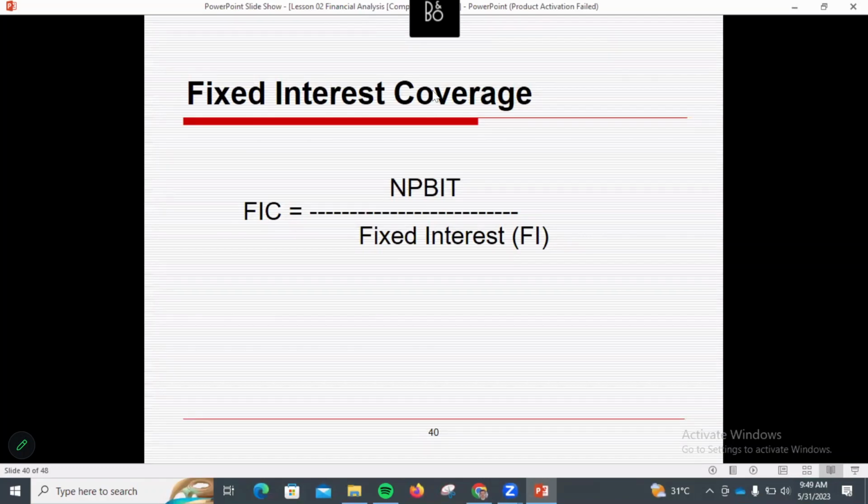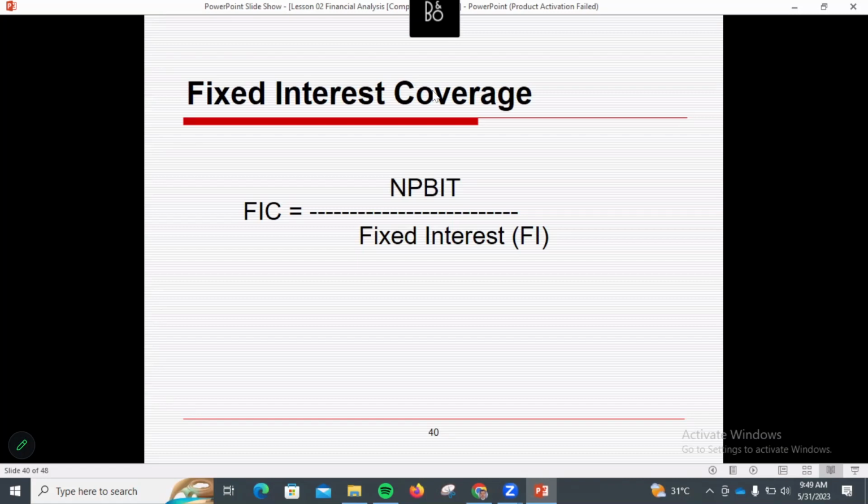So the firm should have earned more profit, so that they are able to pay the interest on time. So how many times the fixed interest is covered by the net profit before interest and tax? It should be divided by the fixed interest. Then the fixed interest coverage ratio would be identified.